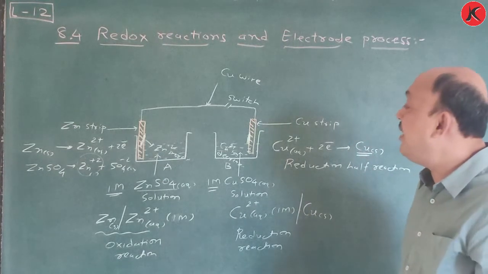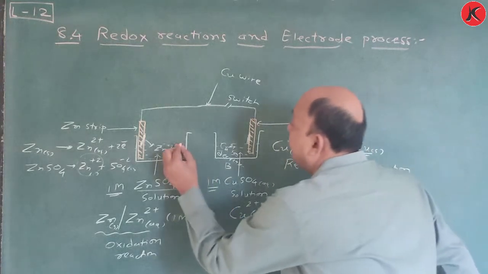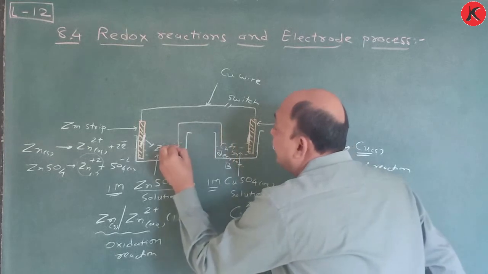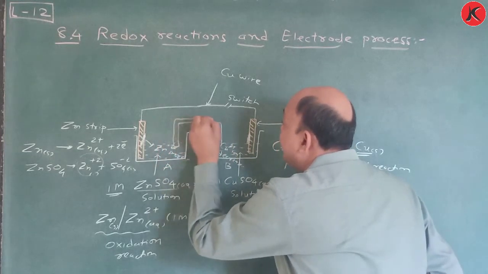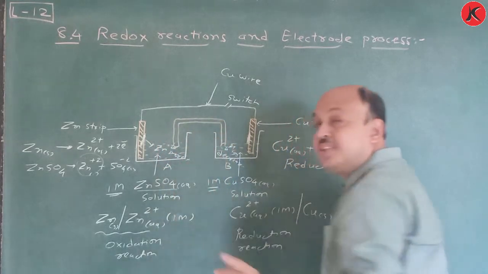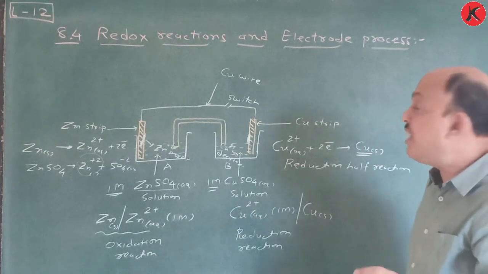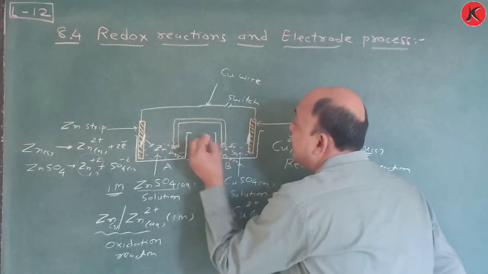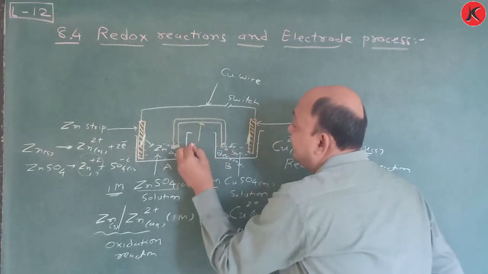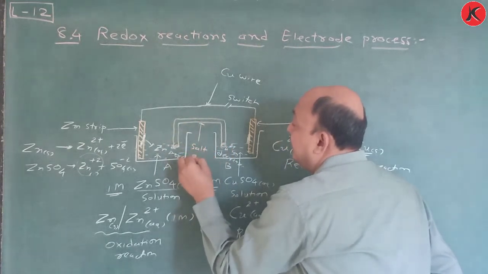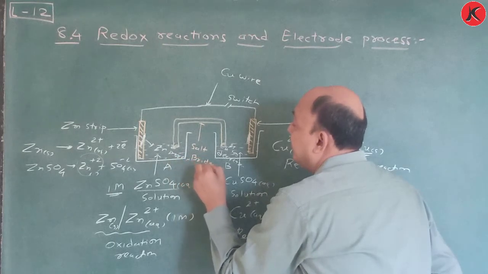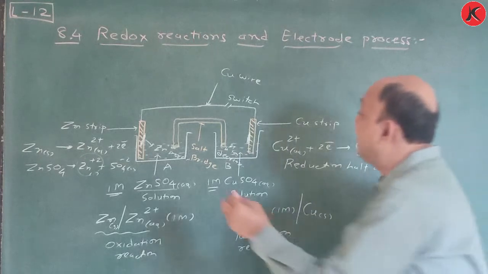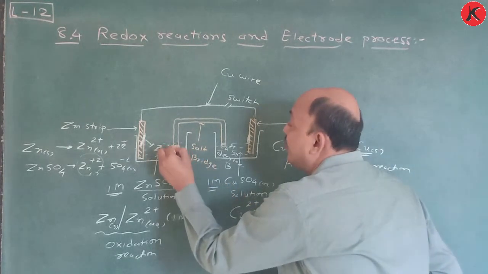At that time what happened? We have to put in one connection by which both sides become electrically neutral. So this apparatus is nothing but a salt bridge. The name itself indicates that salt is put here, and glass wool is there.